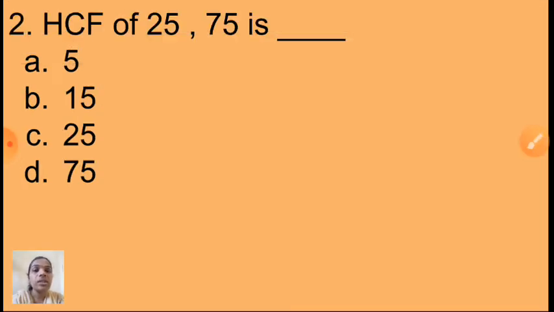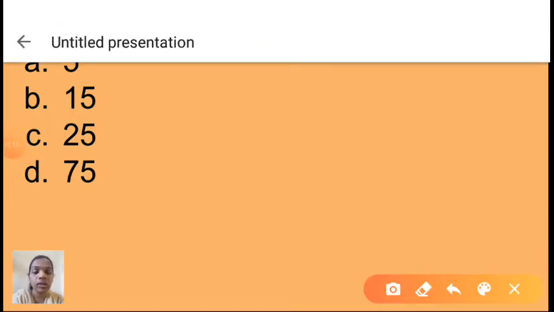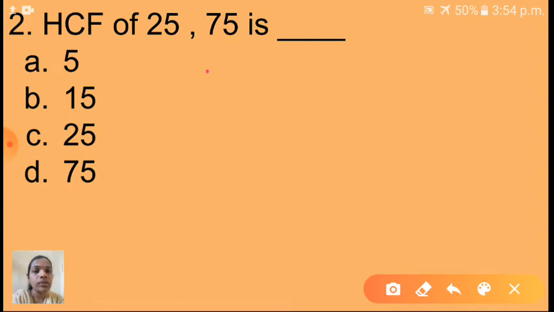Next one is, see here. Second question: HCF of 25 and 75 is dash. We have to find. So children, see here, prime factorization we have to use. As I told, 25, like this you have to write. Yes, 25 will come in which prime number's table? 5. So 5 5s are 25.